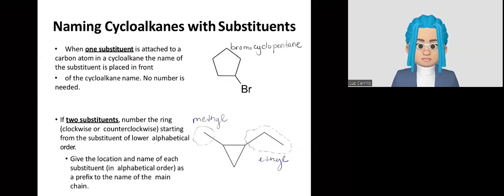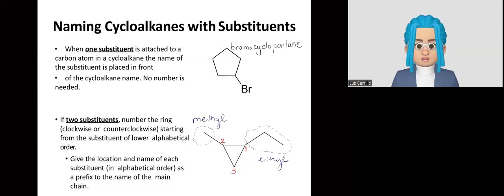So when we're numbering the carbons, we're numbering the carbons within the ring system. So the carbon that is holding the ethyl is going to be number 1, because it comes alphabetically first. Then, in this case, in order to give the rest of the substituents the lowest number, we have to go counterclockwise. So we go, this is carbon 2, this is carbon 3.